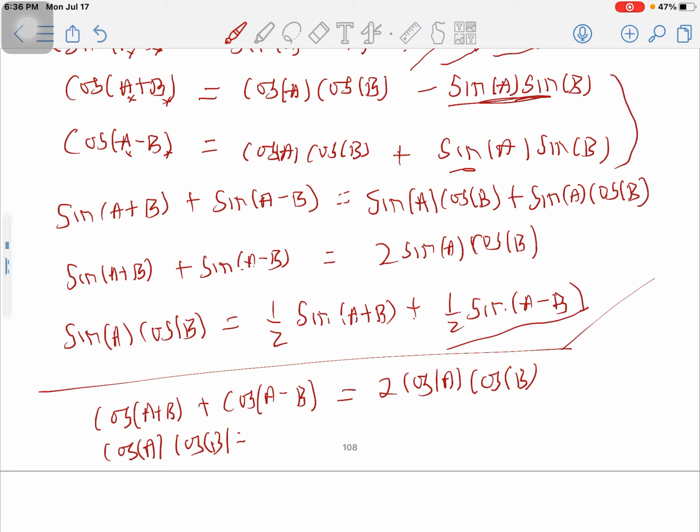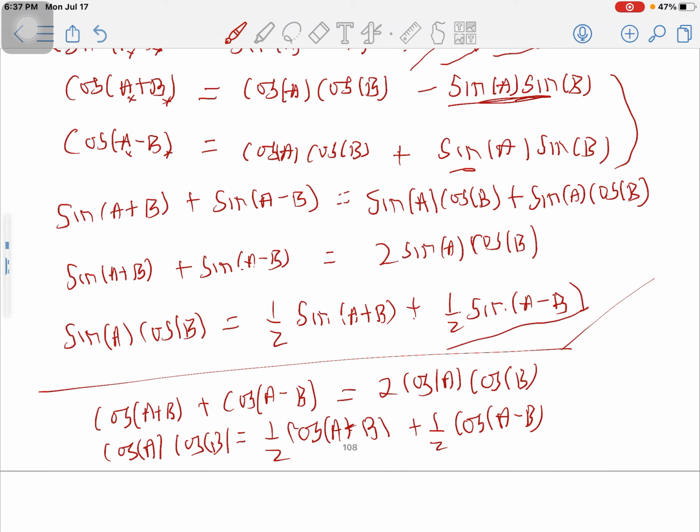So you can divide both sides by 2, and we get cos a cos b equal to 1 over 2 cos (a plus b) plus 1 over 2 cos (a minus b).